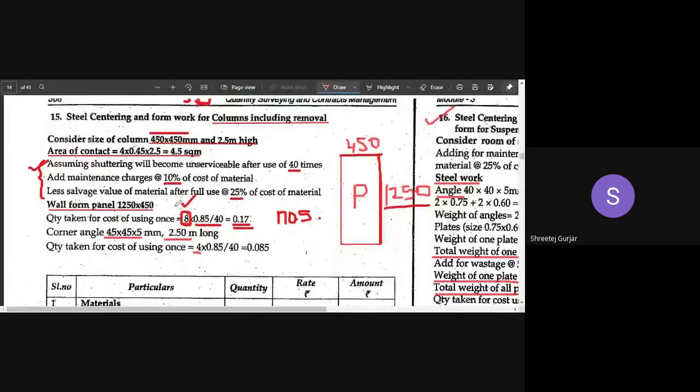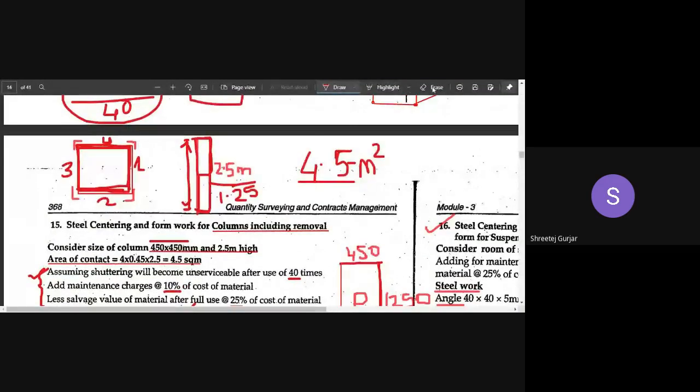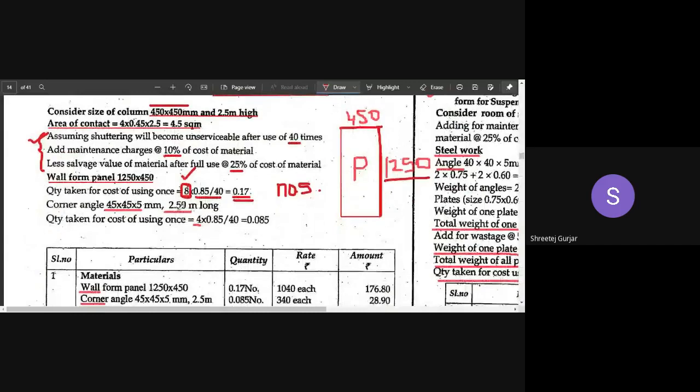Now you can see in this image, we have calculated the panels. To hold these panels in place, we require angles, right? You can see I have drawn 4 angles, one at each corner, to hold your panels in place. So 4 is written here, and each angle is of size 45 by 45 by 5.